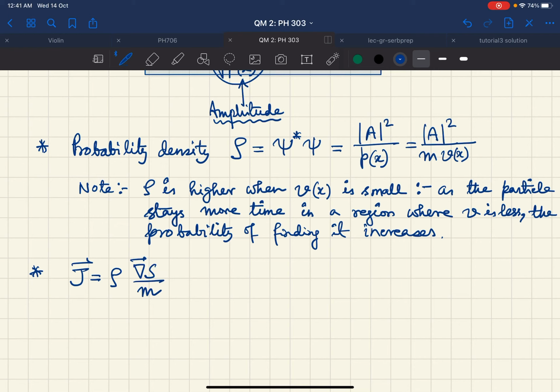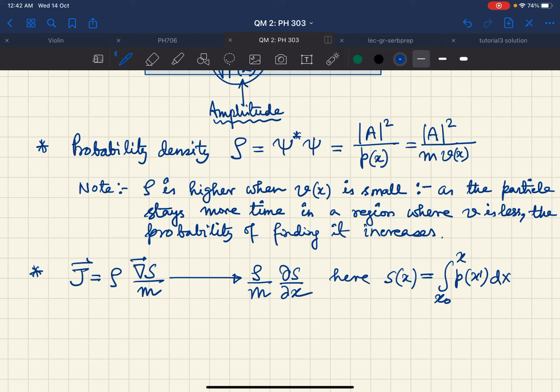We have proved this in the previous class. So in the one dimensional scenario, this is rho by m del S del x, where S(x) we know is nothing but the integral from x0 to x of p(x') dx'.